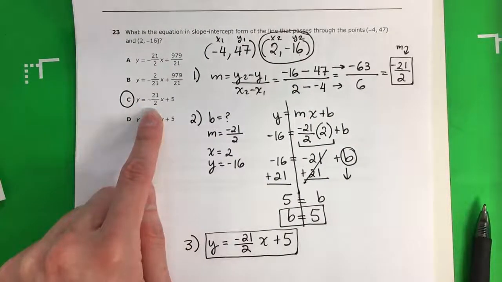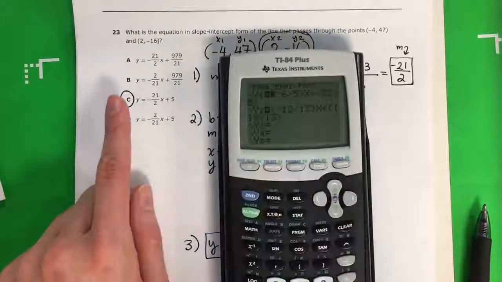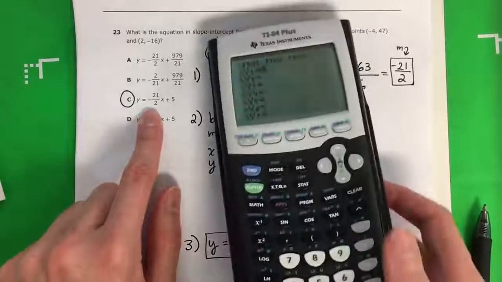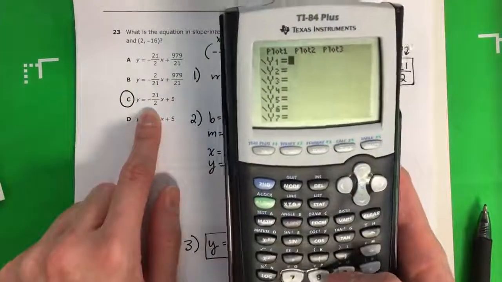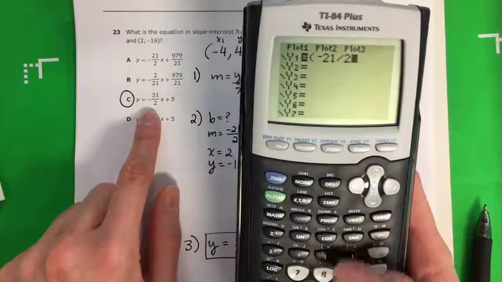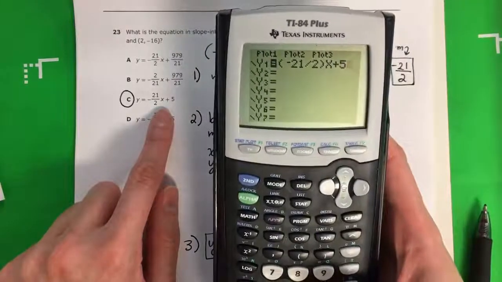Now, how can you check this? Well, first you're going to push y equals, clear everything. We're going to put the one that we thought was correct in the calculator: parenthesis negative 21 divided by 2 parenthesis x plus 5.